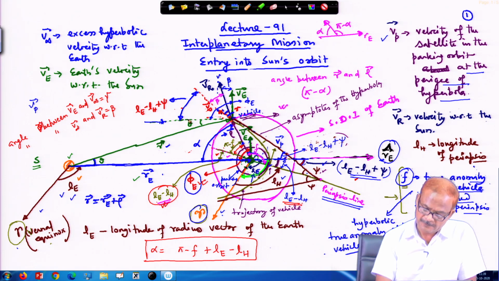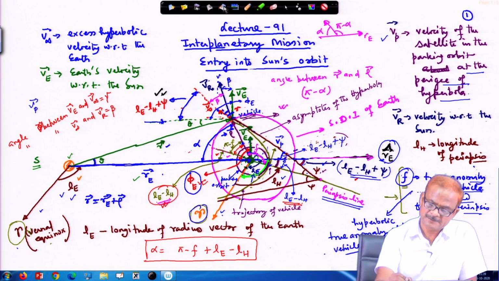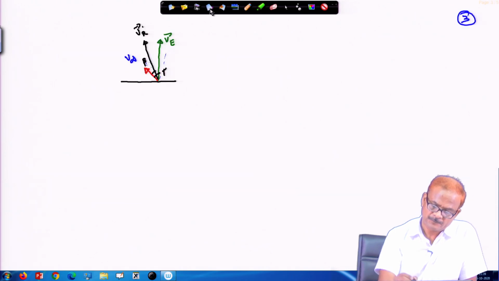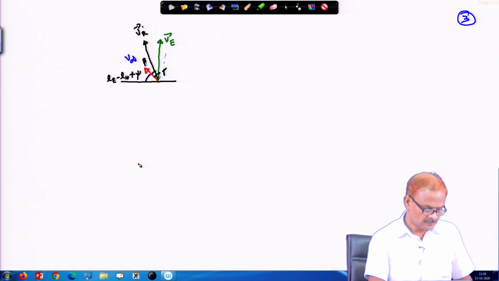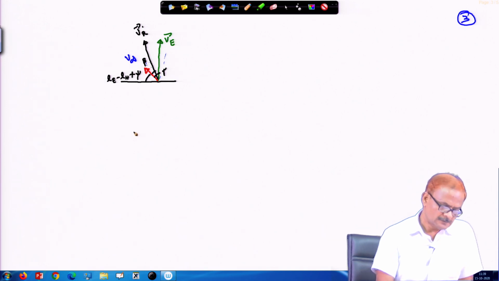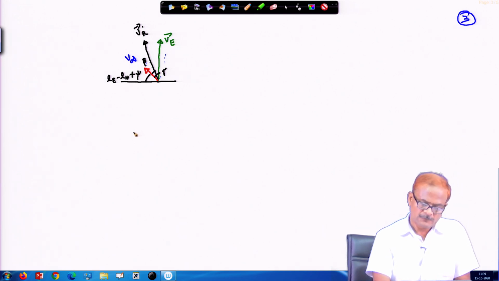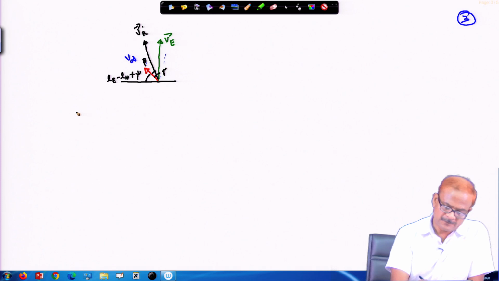Moreover, the angle with the horizontal, as shown here, is LE minus LH plus psi. This angle is LE minus LH plus psi. So, we will utilize all this information for solving the problem here.